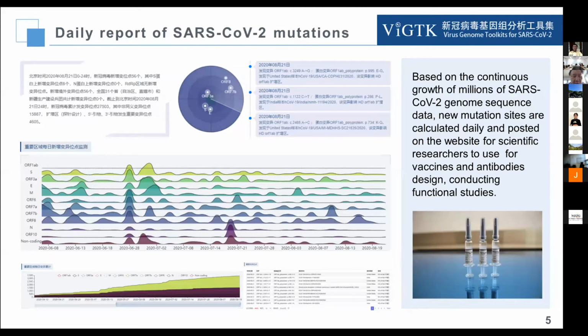Here we can also provide some daily reports for SARS-CoV-2 mutation information, based on the continuous growth of SARS-CoV-2 genome sequence data. So we can give mutation information and a daily report.